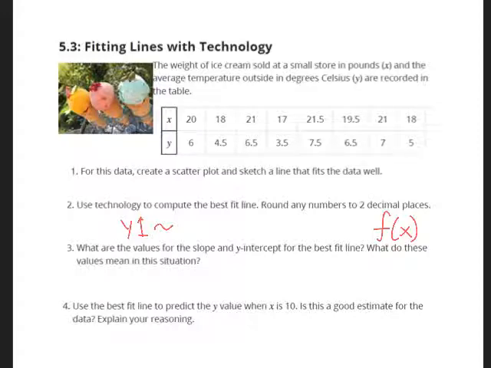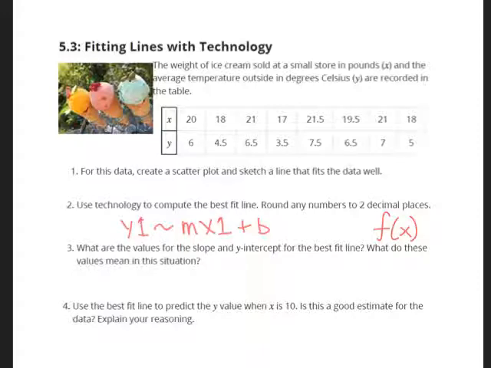Like there's a little button to switch the keypads, and then enter that. And then you're going to enter MX1 plus B. And what it will do is create the best line of fit that it can. It's going to use something called linear regression and give you an equation. All right. Once you've done that, I want you to answer the questions 3 and 4.